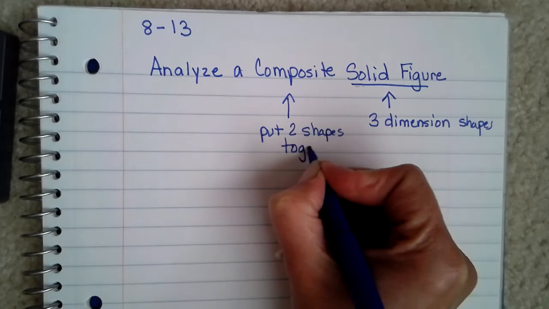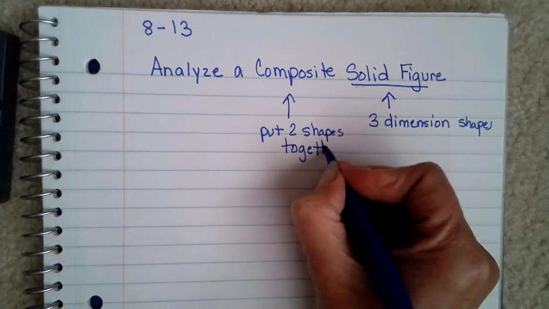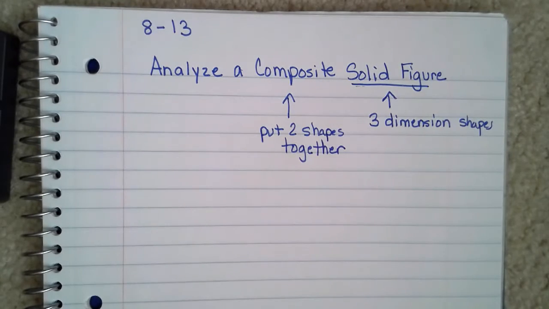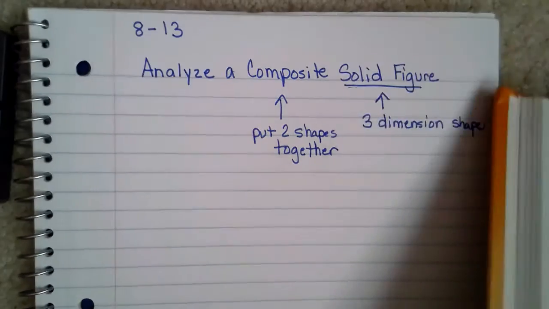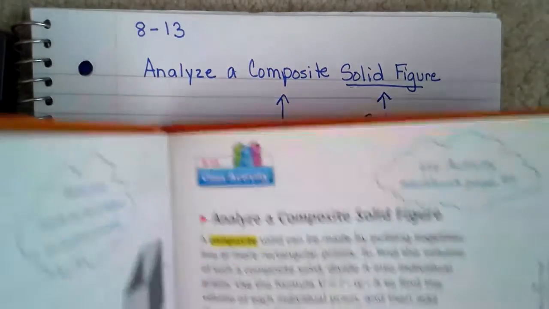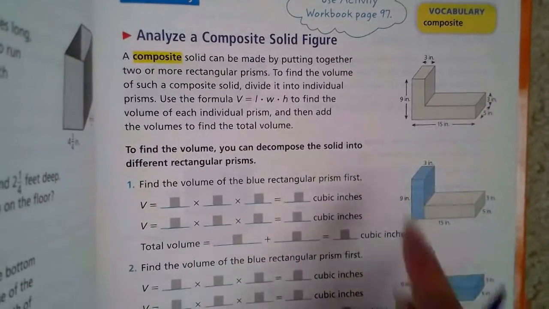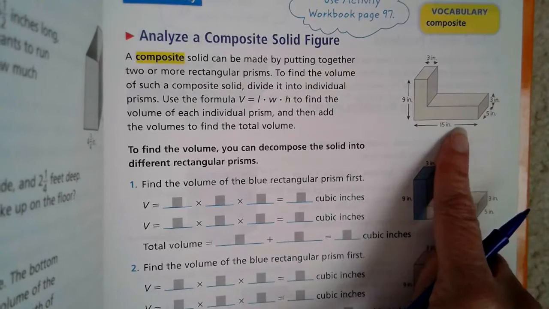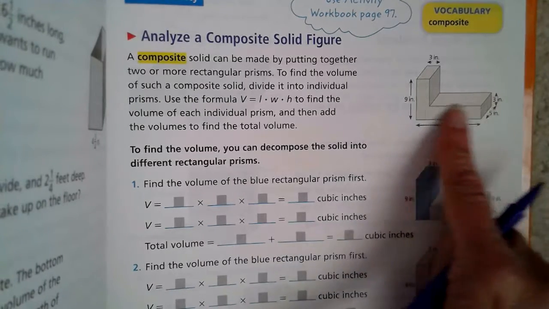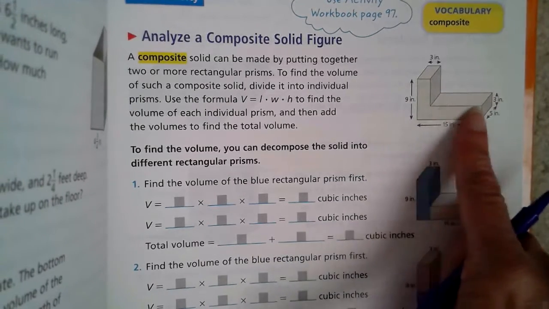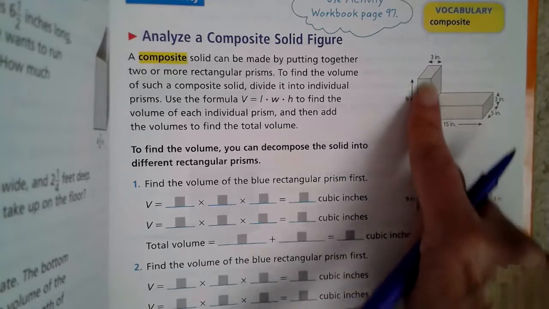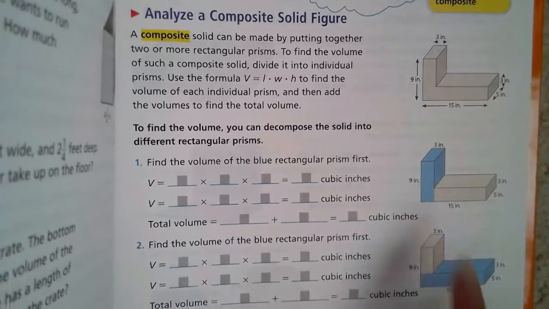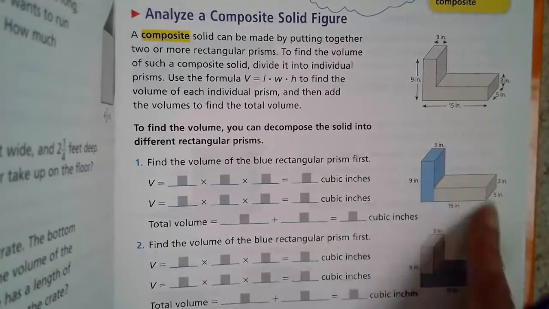Now, it's hard for me to draw one of these, so I'm going to show you one in our hardcover math book that we don't typically use in the classroom. So this is an example of a composite solid figure. You can see it looks like if we had a rectangular prism here and then a rectangular prism here. In order to find the volume of it, we need to break it up into the two pieces.